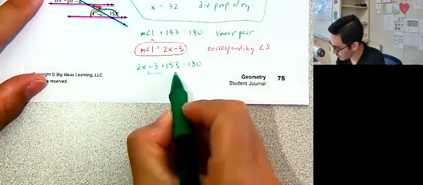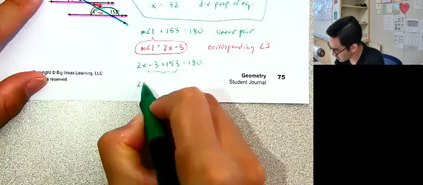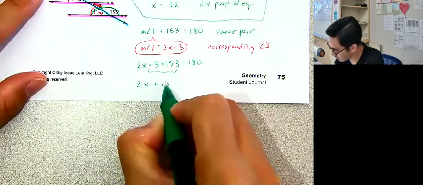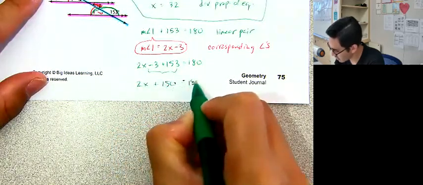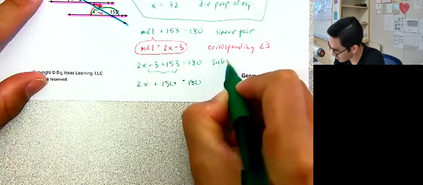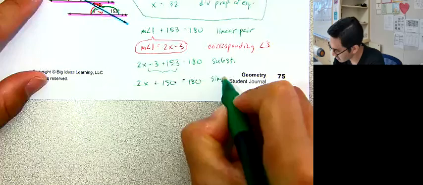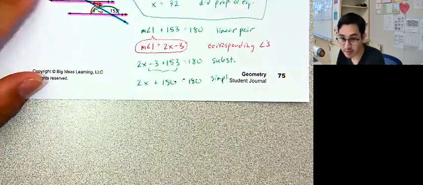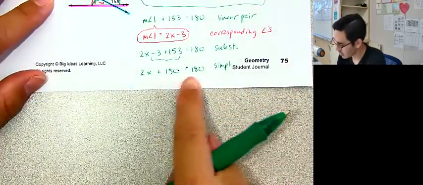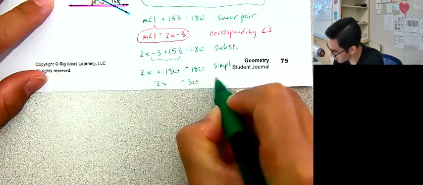Okay, we can combine like terms here. So 2x plus 150 equals 180. Sorry, I forgot to write substitution. All I'm doing here is simplifying or combining like terms. Okay, we would subtract 150 from both sides, so we get 2x equals 30.